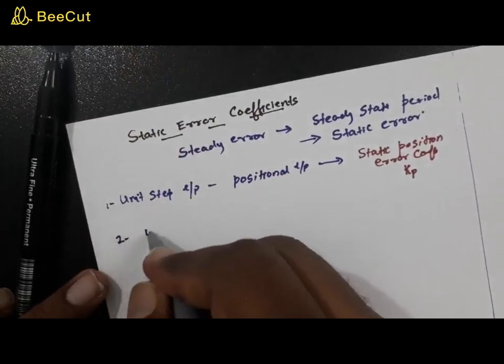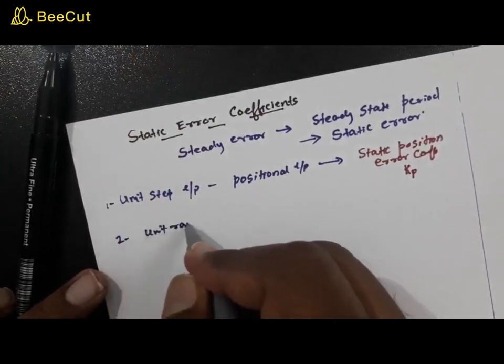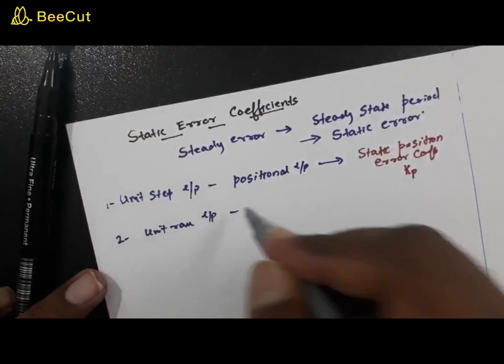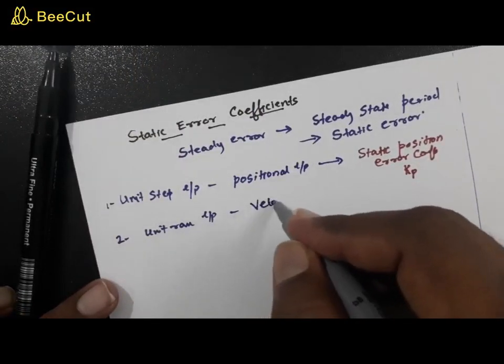Next, the second test input we consider is the unit ramp input, which is also called the velocity input.